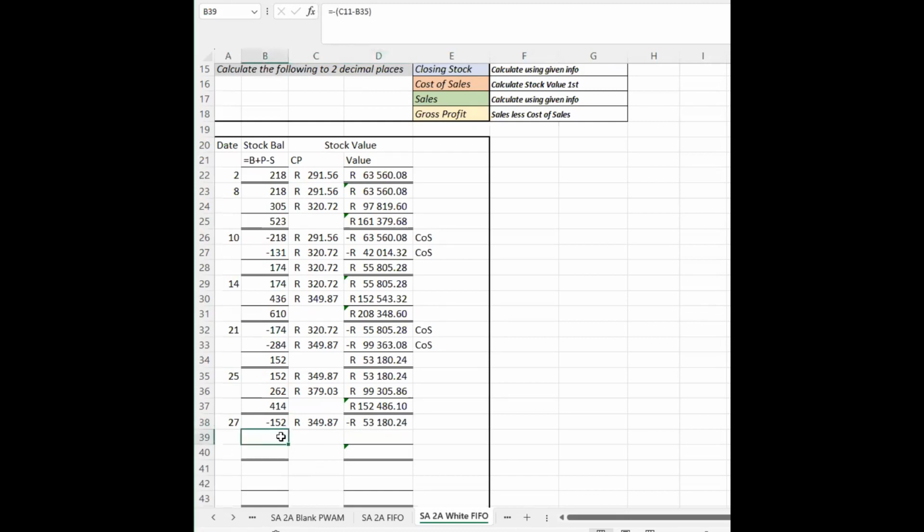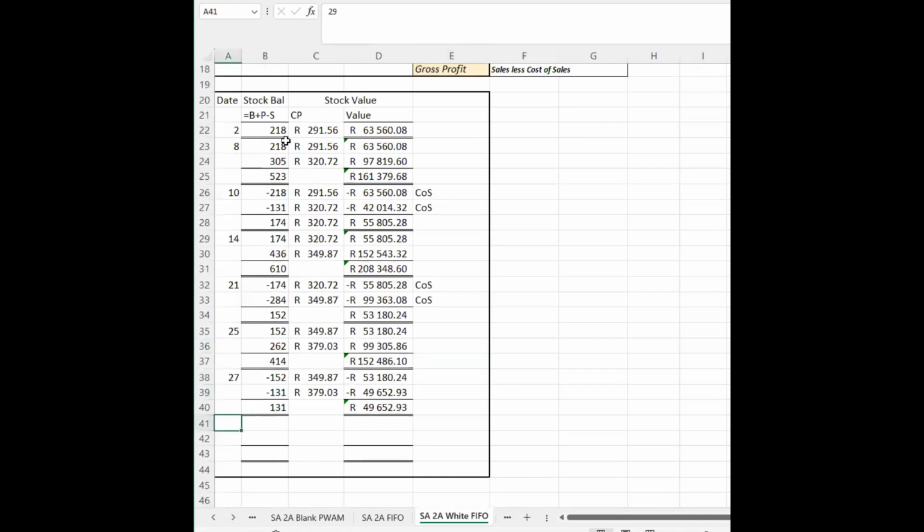And the remainder, which is 131, we are going to sell at the stock value of 379. And when we do that, we are able to calculate the number of items that we have on hand, as well as our new stock value.